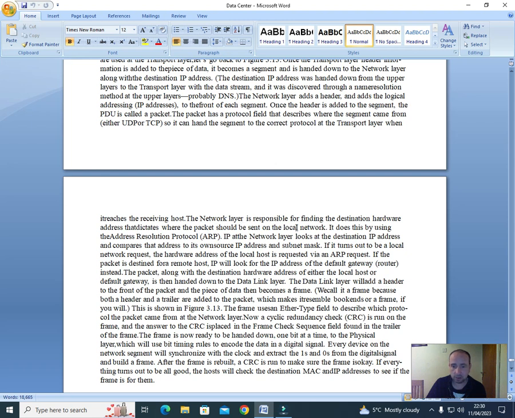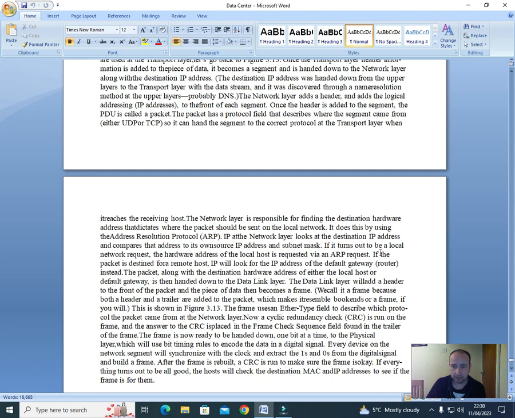The network layer is responsible for finding the destination hardware address that dictates where the packet should be sent on the local network. It does this by using the Address Resolution Protocol, ARP. IP at the network layer looks at the destination IP address and compares that address to its own source IP address and subnet mask.